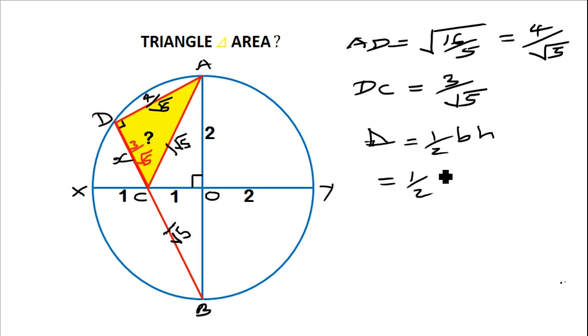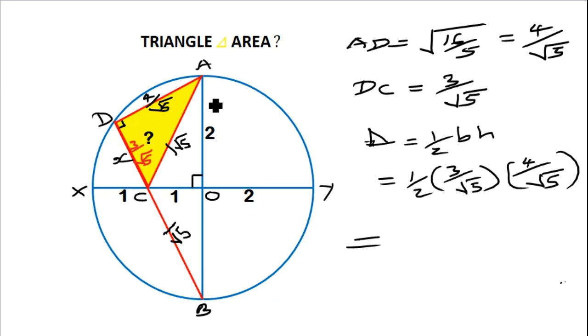So that will be a half times the base, we have 3 over root 5, then times the height, we have 4 over root 5.